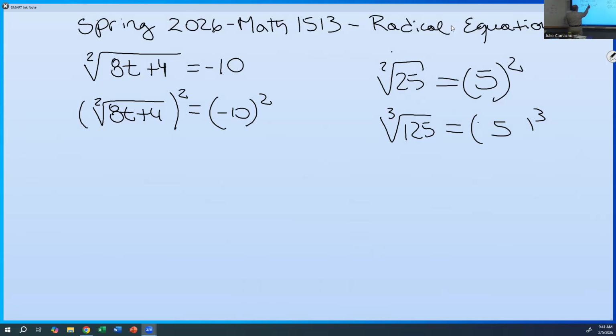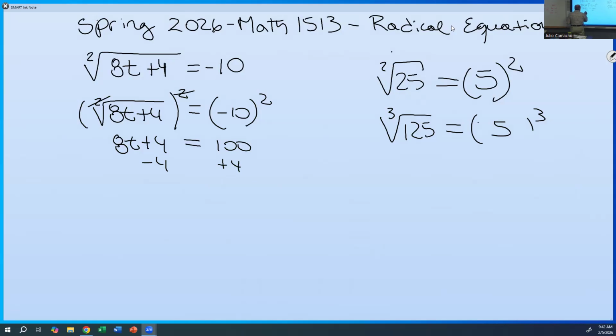The second power that you're raising everything to will cancel the index, because both operations are opposite. And then you end up with 8t plus 4 is equal to 100, because negative 10 times negative 10 is 100. Then you do what we said, we subtract 4 from both sides.